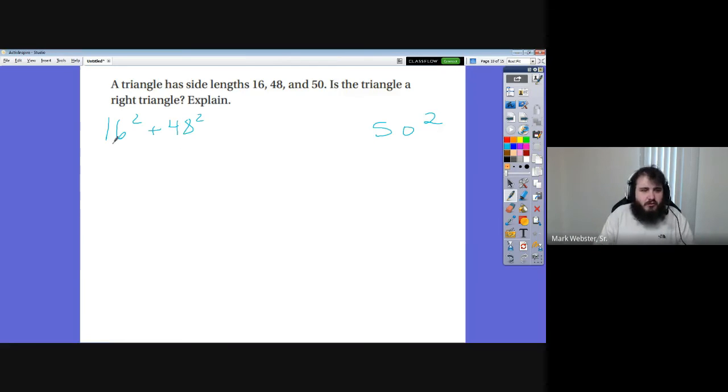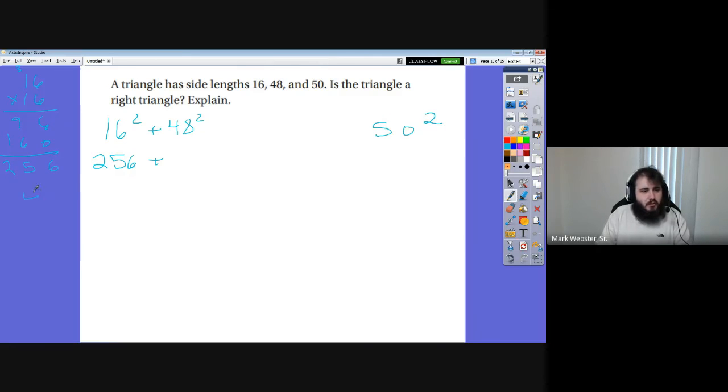So what's 16 squared? 16 squared is 32, 64, 128, 256, right? 16 is 4 twos, times 2 times 2 times 2 times 2. If you multiply by 16, 256.